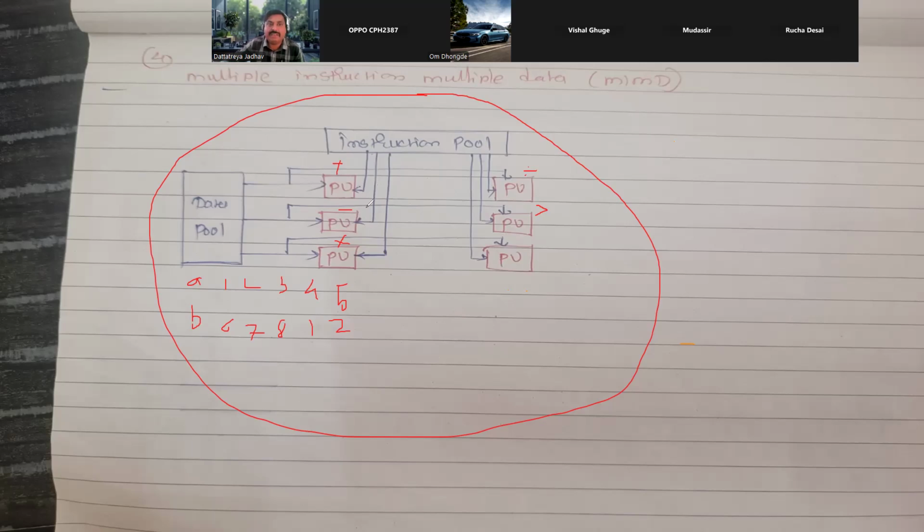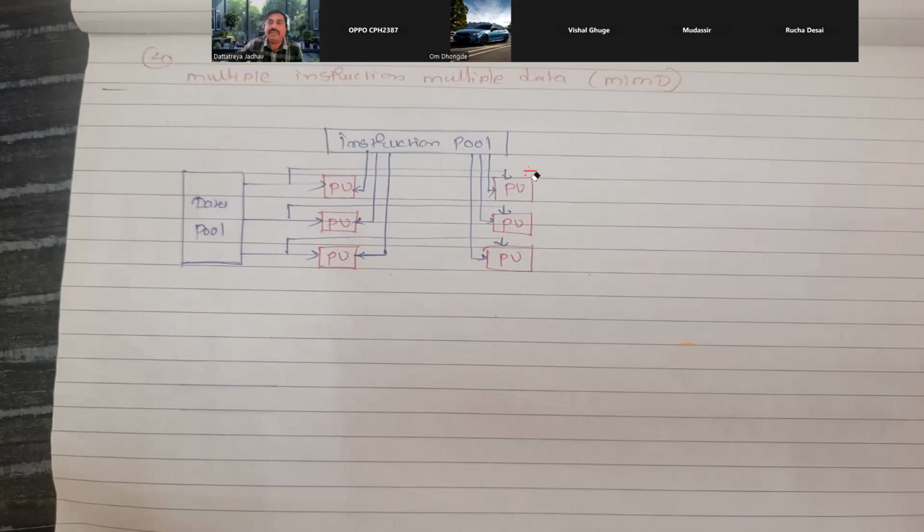So these are the four types of your multiple instruction set. First is single instruction, single data. Second is single instruction, multiple data. Third is multiple instruction, single data, and last is multiple instruction, multiple data. It is a very famous question from an exam point of view. Most exams ask about the same thing.